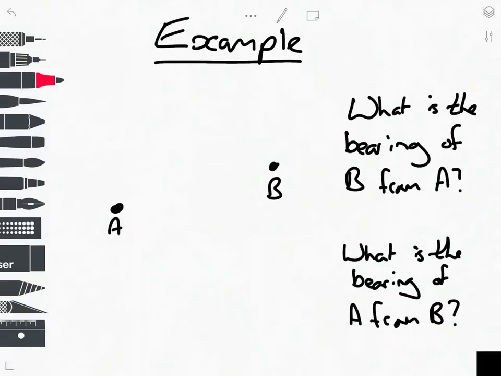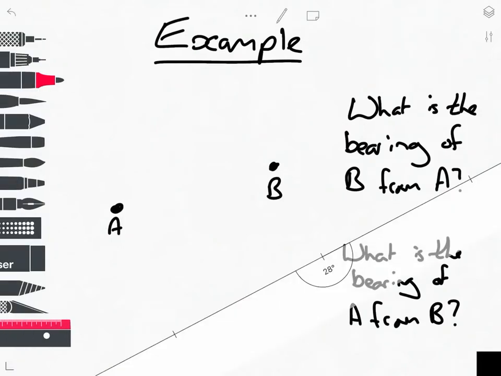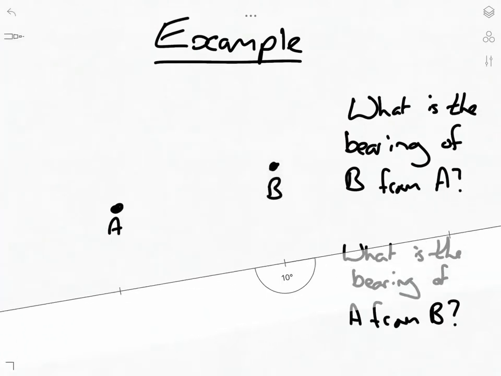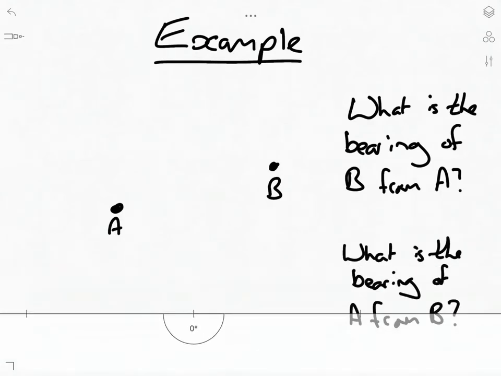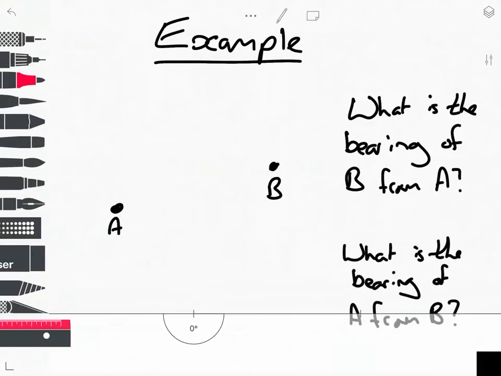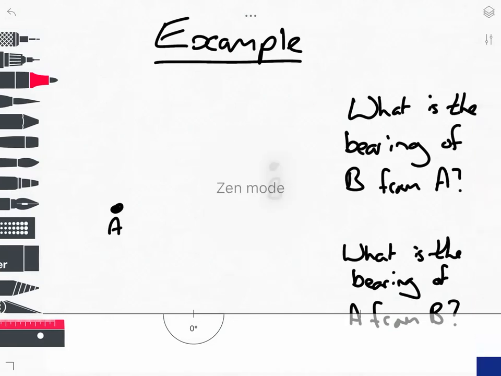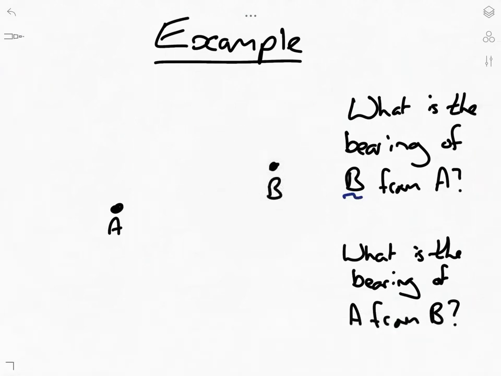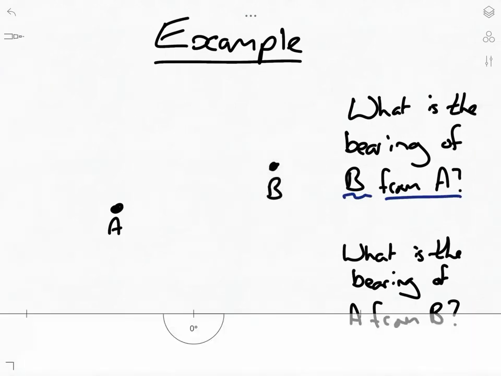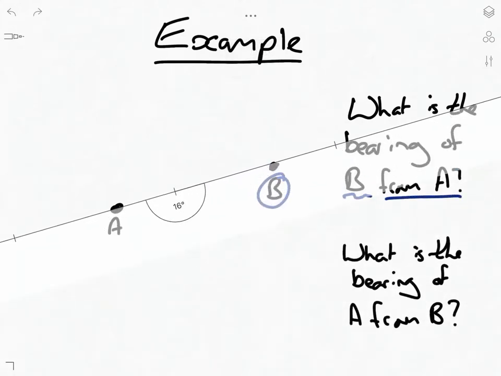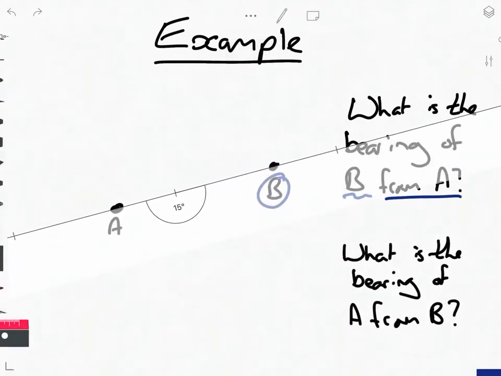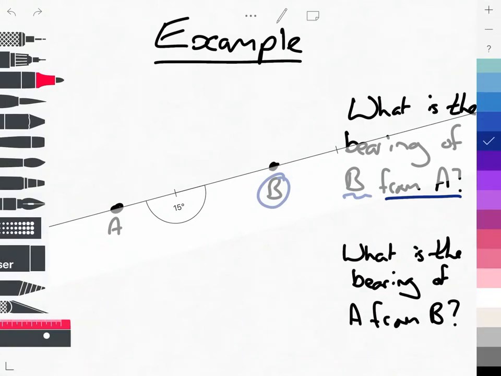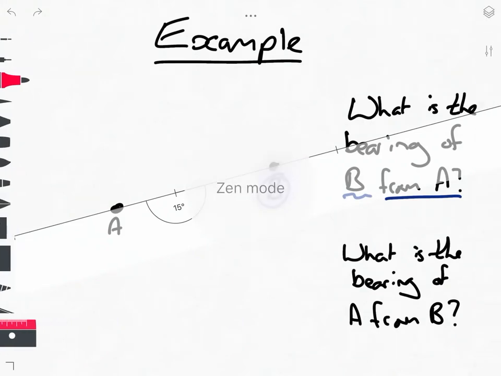Okay, so let's do some actual examples of questions you'll get, and then hopefully you'll understand. So the question says, what is the bearing of B from A? So we want B, and we're going from A. You've got to be careful with these questions, because sometimes they're worded in a confusing way.